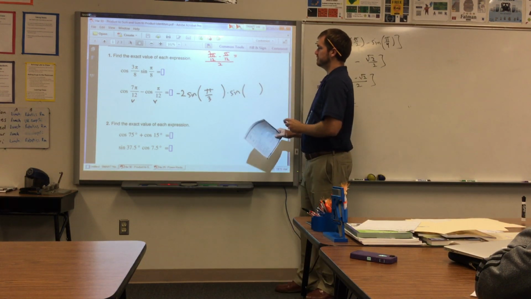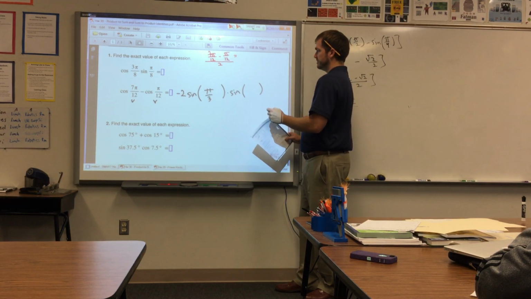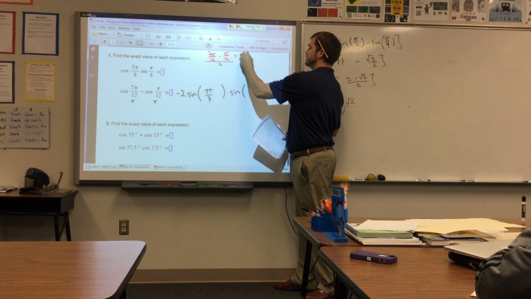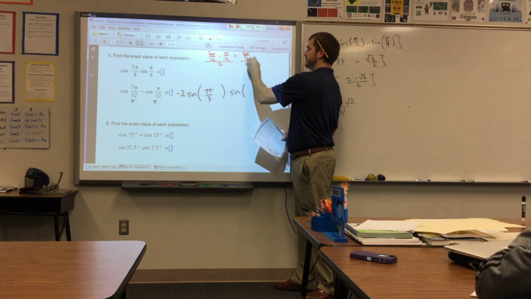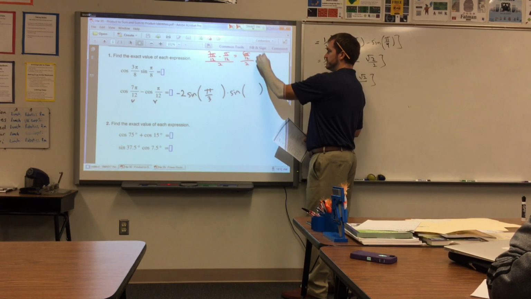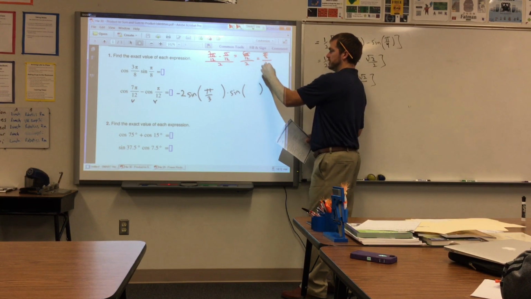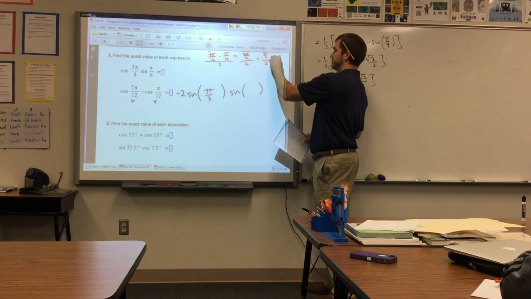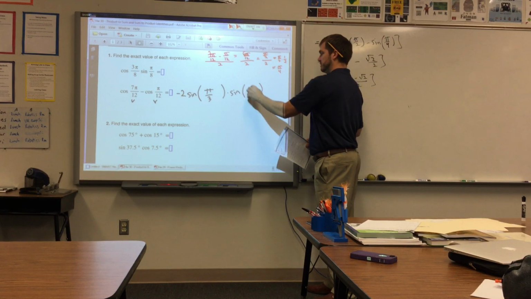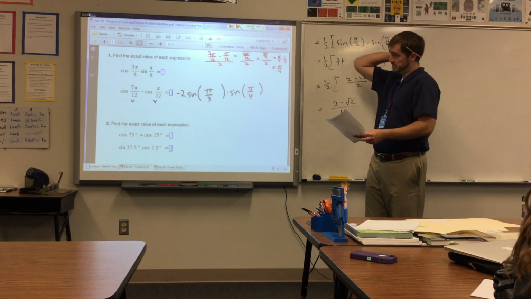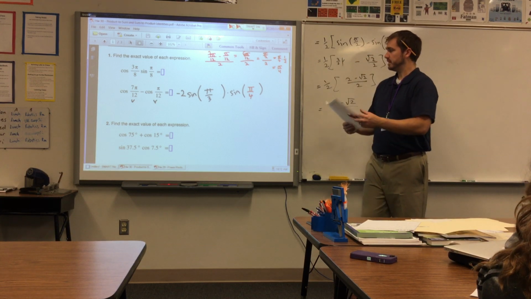Is it pi over 2 divided by 2? Yes, but you're skipping steps, and I try not to. 6 pi over 12 over 2, which is pi over 2 over 2. So that's pi over 2 times 1/2, which is pi over 4. There are other ways, but that's a great way of doing it.